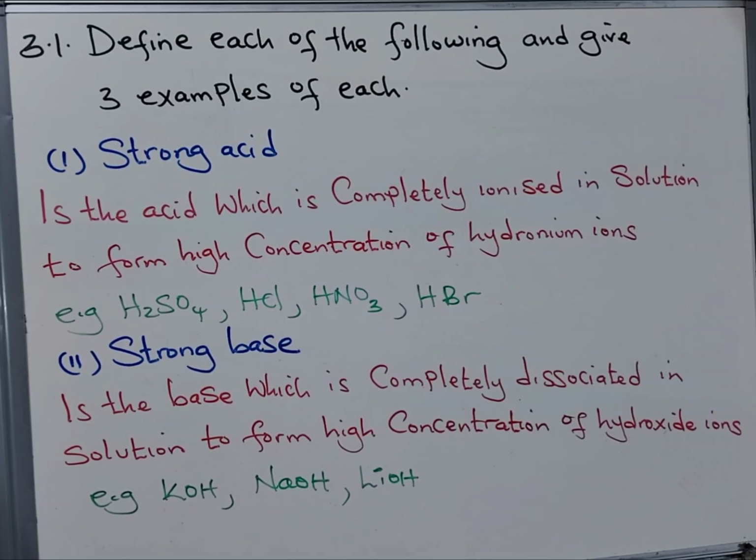So I need to tell you here that whether strong or weak, the character is determined by degree of ionization. Strong acids are completely or almost completely ionized, and strong bases are almost completely ionized or dissociated. So it's the degree of ionization which determines whether the acid is strong or weak.